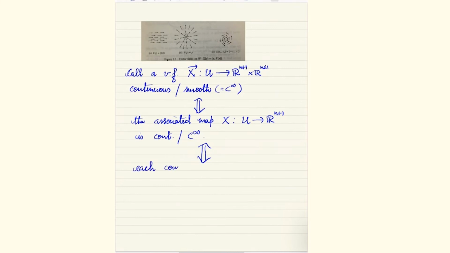Each component Xj of this map X, which I can actually call a function because it is real valued from U to R, where j varies between 1 and n plus 1, is continuous or smooth.